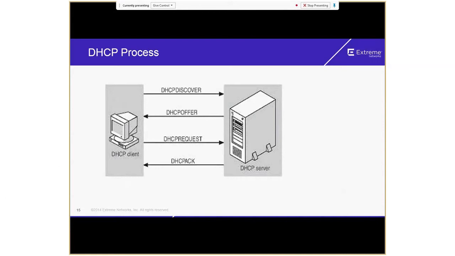On receiving it, depending on what VLAN it came from, the server is going to send back a DHCP offer packet. The client then sends back a DHCP request confirming that it's going to use that particular IP address. And the DHCP server finally sends back an acknowledgement saying, okay, you can use this, and it gives the lease time and all the other configuration related to DHCP. So this is briefly how DHCP works.